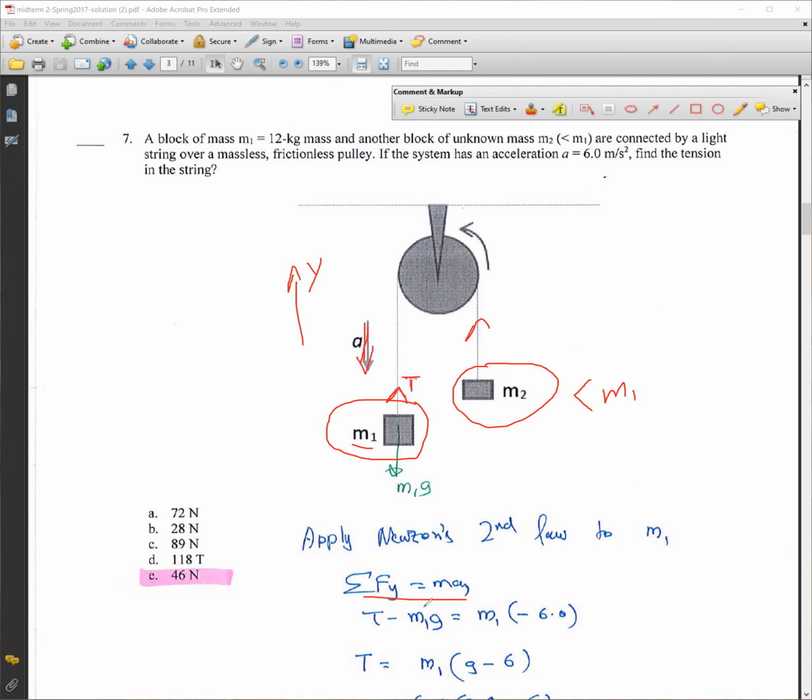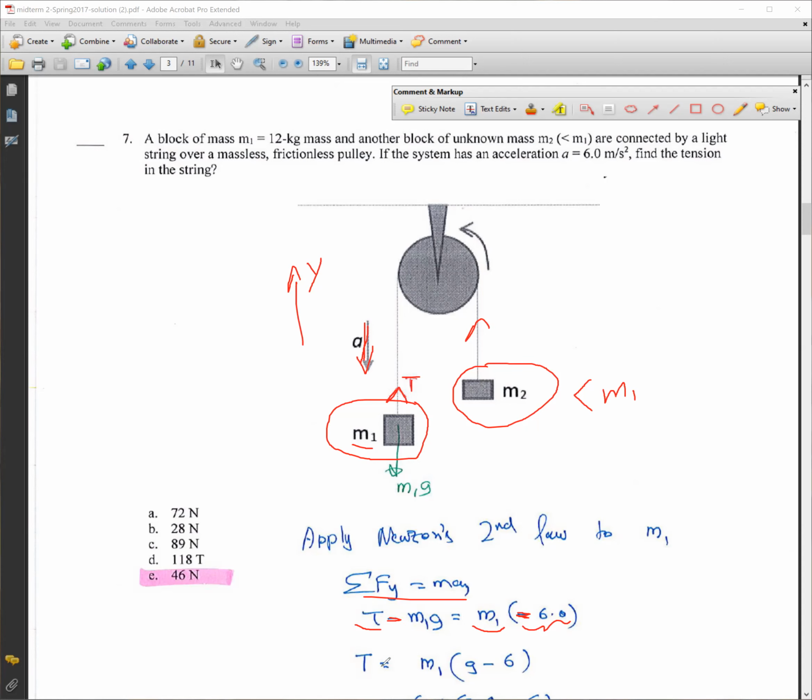So the forces will be tension, positive because it's pointing up, minus M1 g because it's pointing down, equals M1 times the acceleration, which in this case is taken as -6. It's pointing down, so I take it as negative.